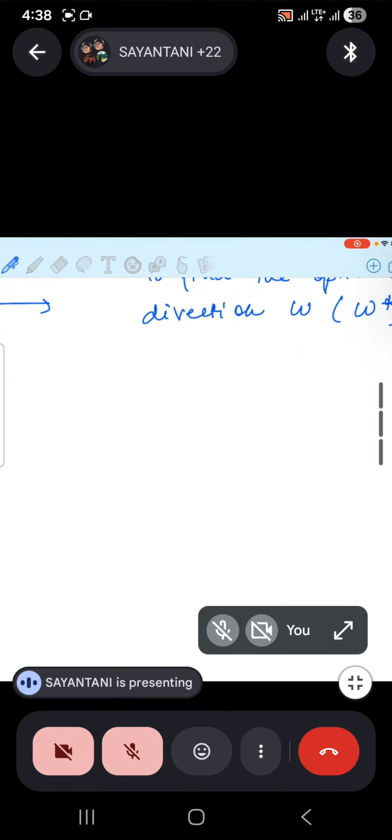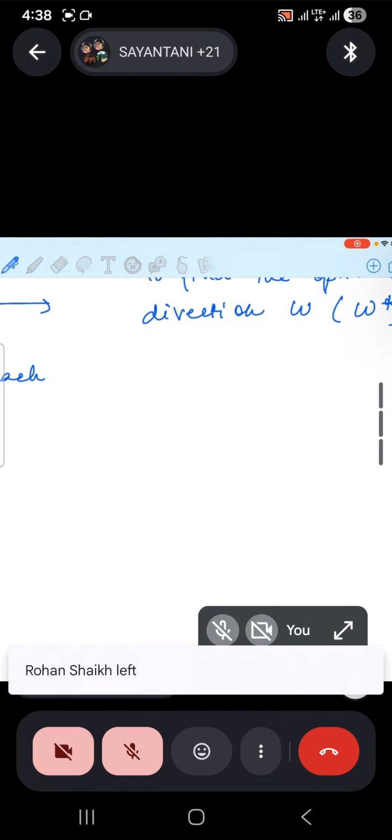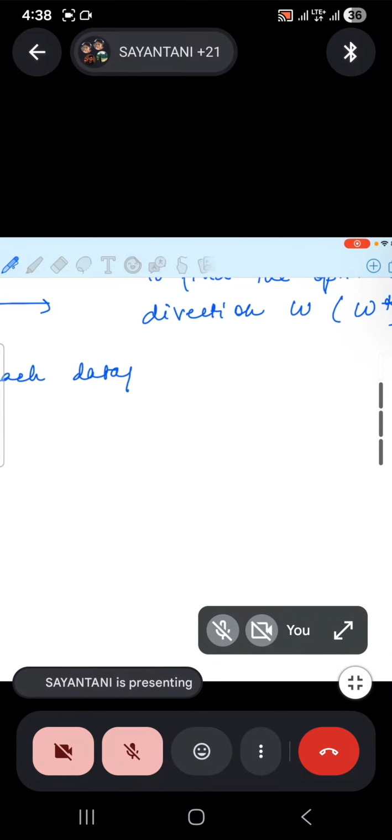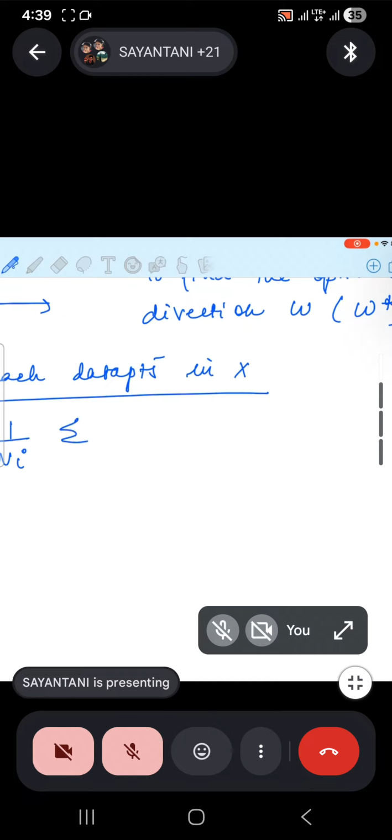First, you have to calculate the mean of each class, the mean of the data points in X. For the input data points, suppose X belongs to a class omega i.